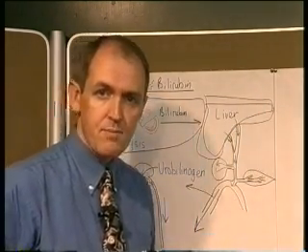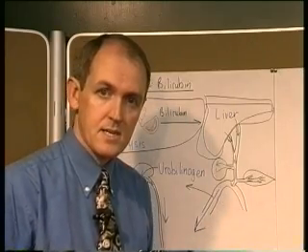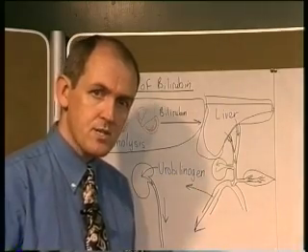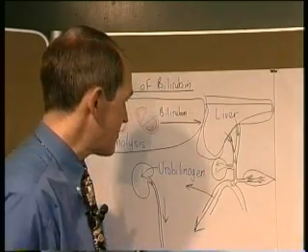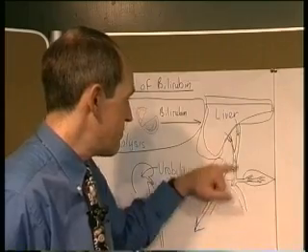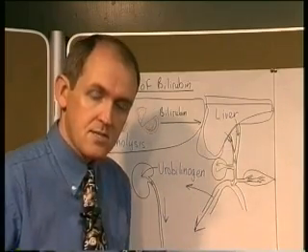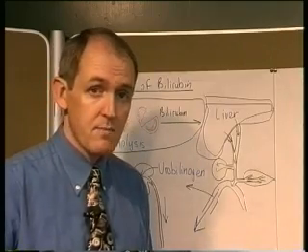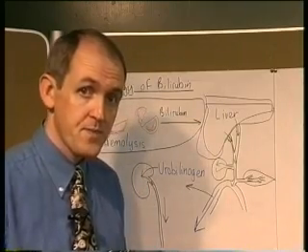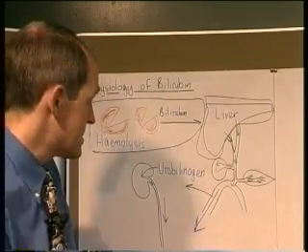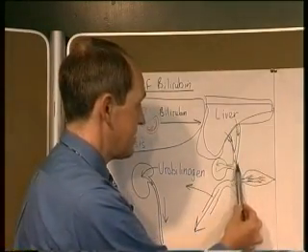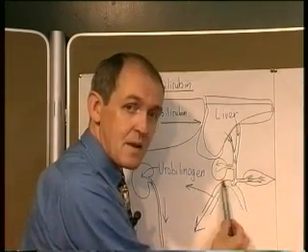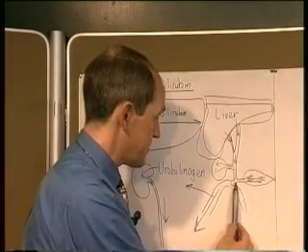So jaundice may be prehepatic, jaundice may be hepatic, and thirdly, jaundice may be posthepatic. Now in posthepatic jaundice, there's some abnormality in the biliary excretory ducts. Sometimes it's a blockage from inside the duct, or alternatively it may be a blockage from outside the duct. But either way, what it means is that after the bile has left the liver, there's a blockage preventing the bile from escaping normally into the gut.